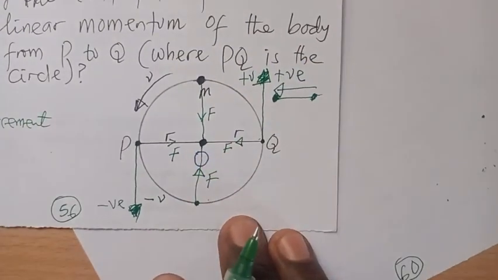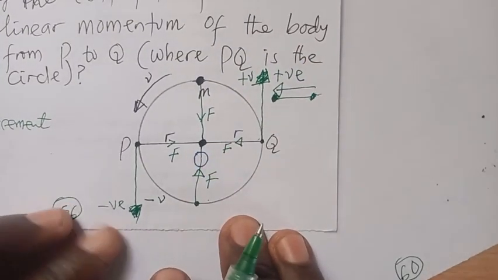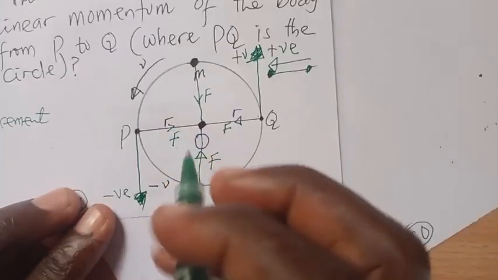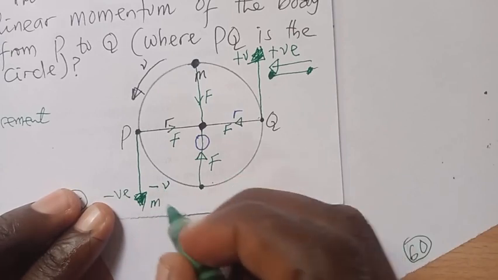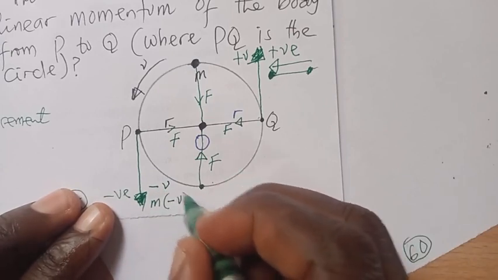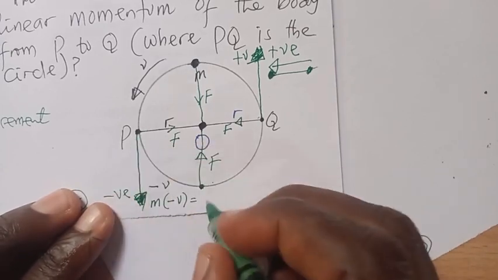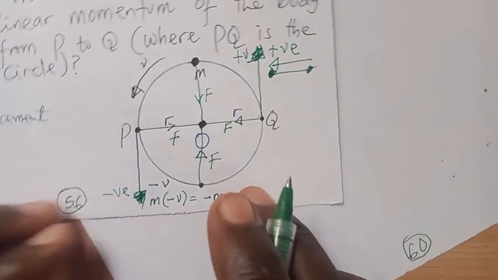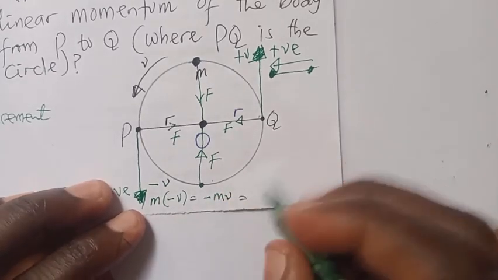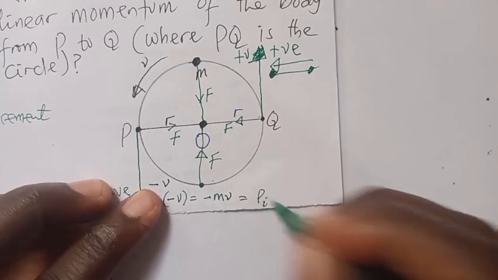The momentum here will be mass times the velocity, and this is minus v. So the momentum at P is minus mv, and this is our initial momentum, P initial.